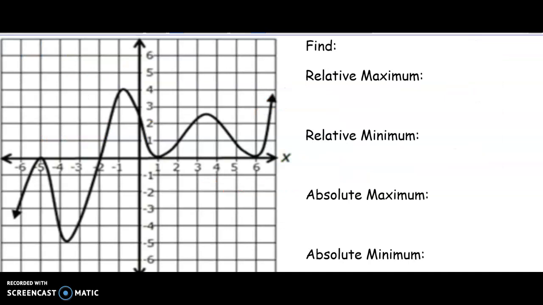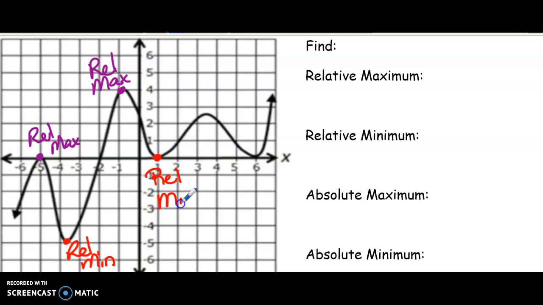Looking for my relative maximums and minimums, we actually did this just a minute ago. This would be a max. This would be a minimum. This would be a max. And we listed those out just a minute ago. This would be a relative minimum.